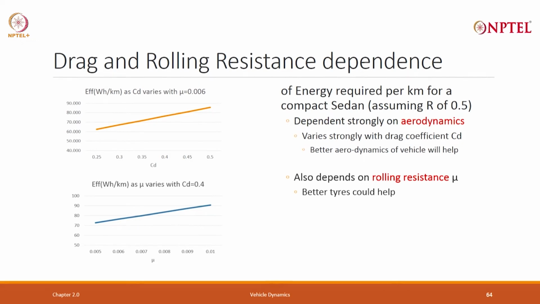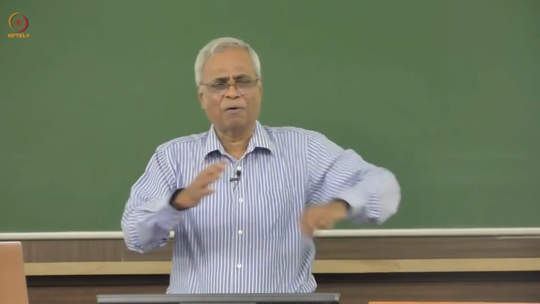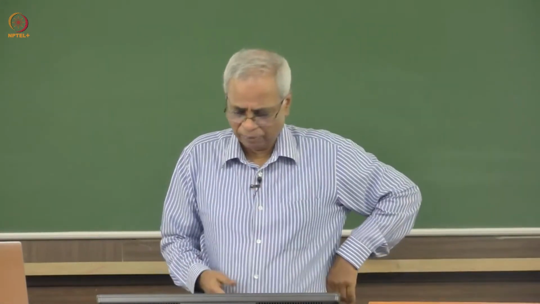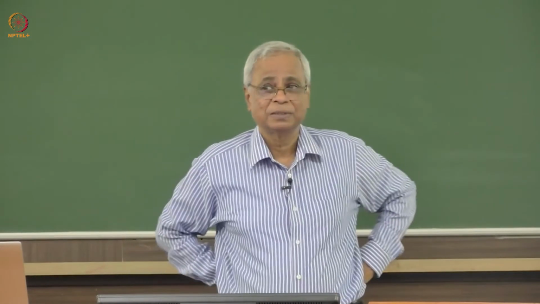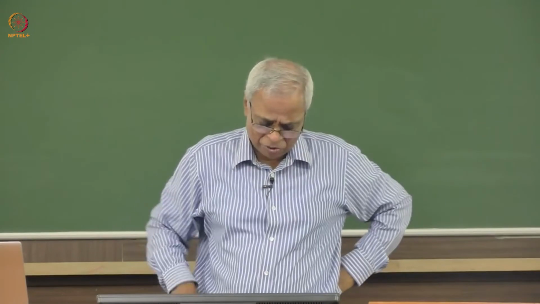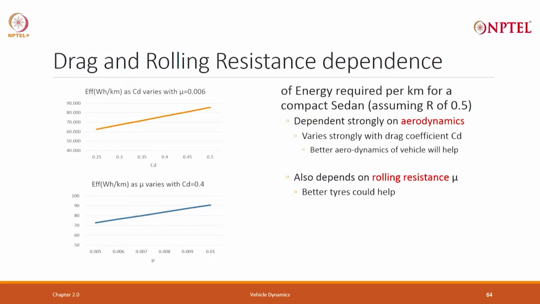Remember, somebody will say, well, it will add 2000 rupees extra for all the tires, there are so many tires. In a sedan, there are only 4 tires, it will add 5000 rupees. But if 5000 rupees will give me 10 watt-hour per kilometer reduction, you can just compute.